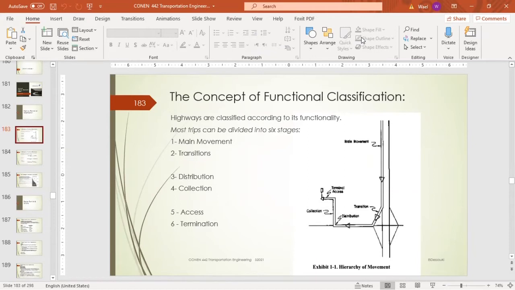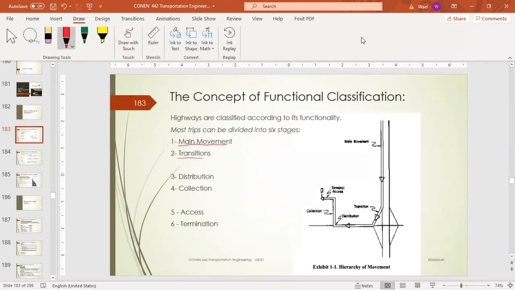When you approach close to the destination, you start shifting from the main road to a distributor to another access road. We can divide most trips into main movement, transition, distribution, collection, access, and terminal.